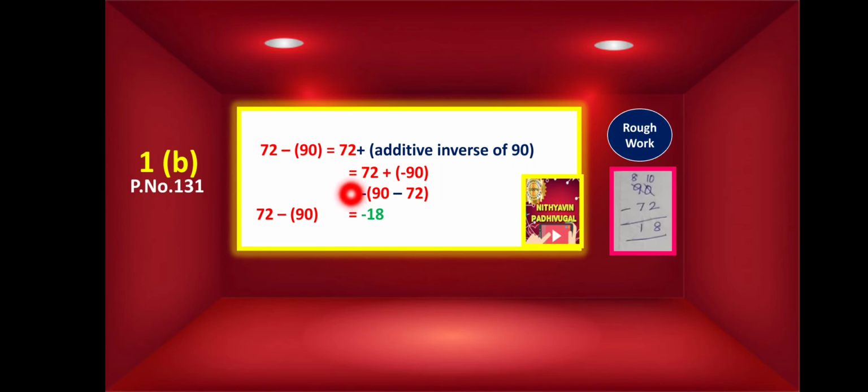The next step is 72 plus additive inverse of 90, which is minus 90. Now, 72 plus minus 90 is in the form of adding one positive integer and one negative integer. So subtract the smaller number 72 from the bigger number 90 and put the sign of the bigger number, minus, in front of the expression. So minus 90 minus 72 is 18. The rough work is done here.